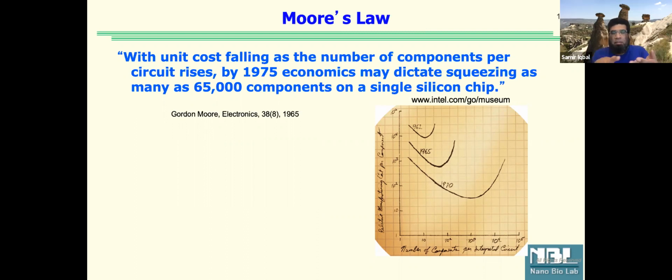Two things happened. When you had to double the number of components in the same area of the chip, you have to make things smaller. That turned into what you call nanotechnology. That's one thing.